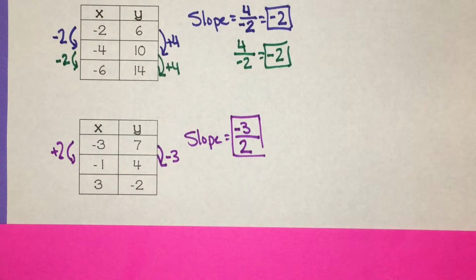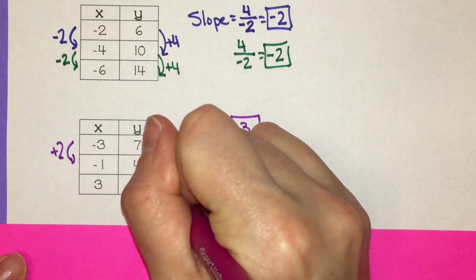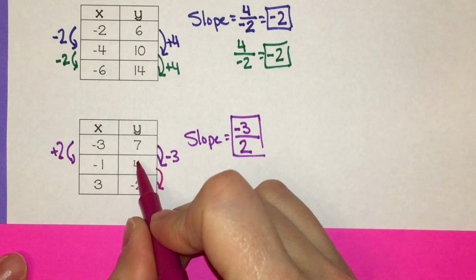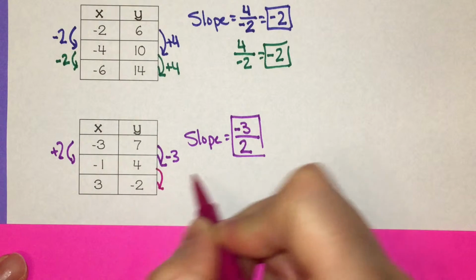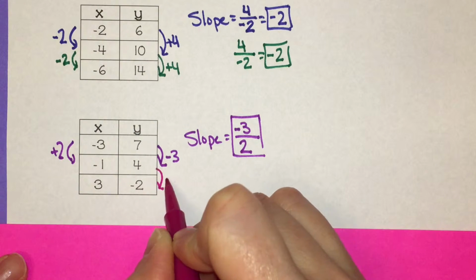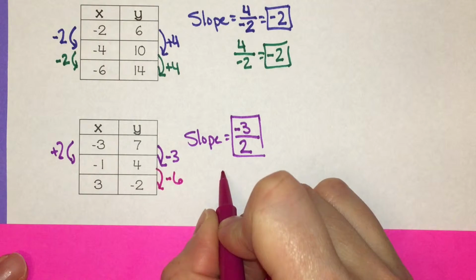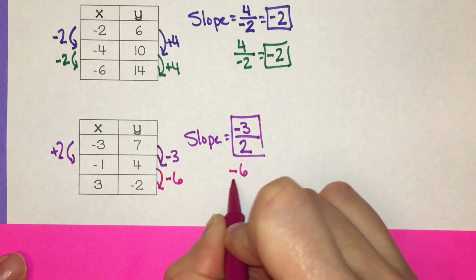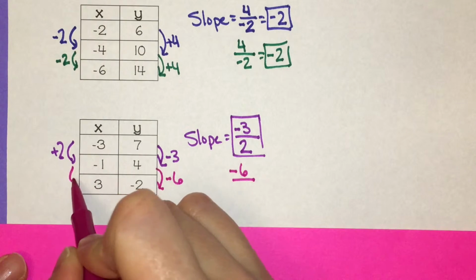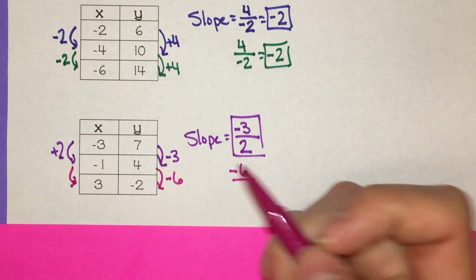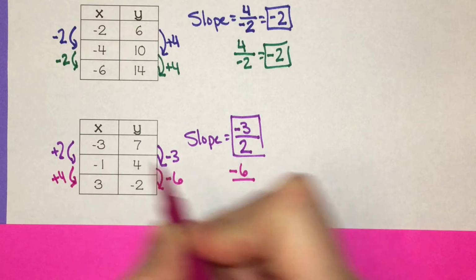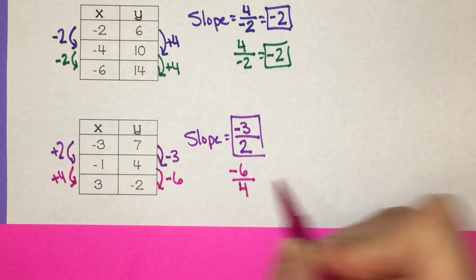And again, if you want to double check yourself, make sure it's linear. Look at the next pair of points. To go from 4 to -2, we're going to subtract 6. So our slope on top is -6. To go from -1 to positive 3, you're going to add 4. So positive 4 on bottom.